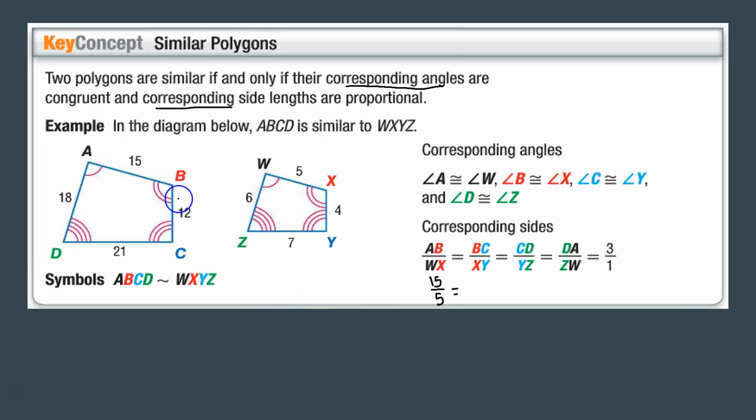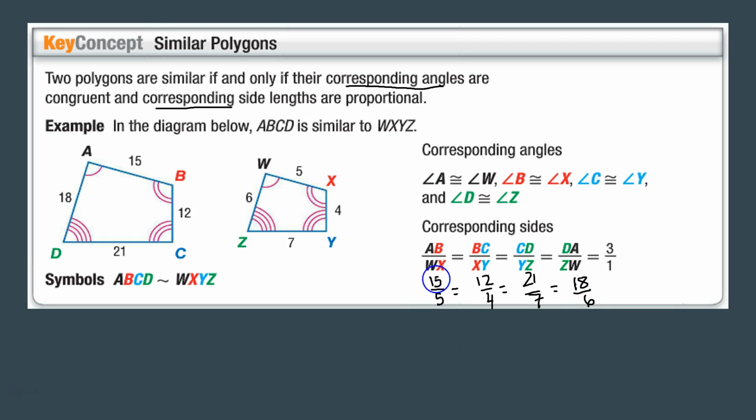Then we have BC and XY, so we have 12 and 4. Then we have CD and YZ, so 21 divided by 7. And then we also have AD divided by WZ, so 18 divided by 6.